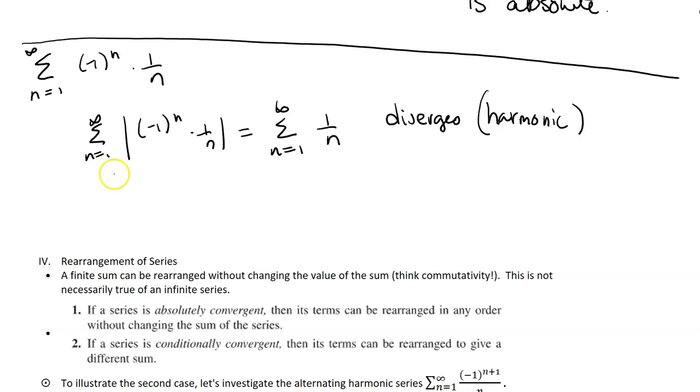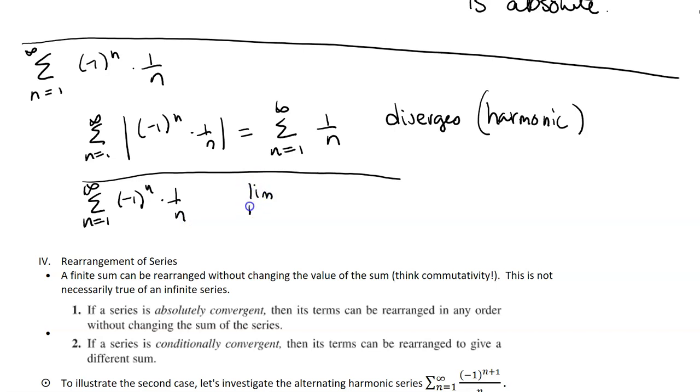But if you were just looking at the original one, the sum from 1 to infinity of negative 1 to the n times 1 over n, no absolute value, we know that the limit as n approaches infinity of 1 over n equals 0, because fixed number over infinity.